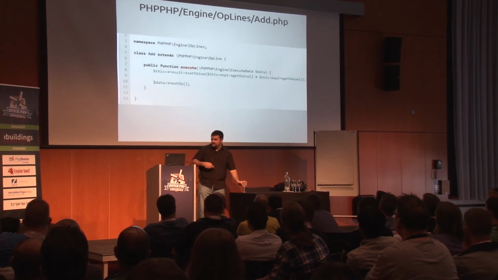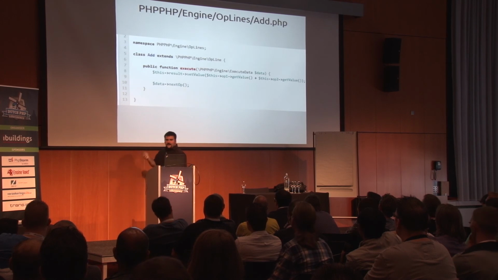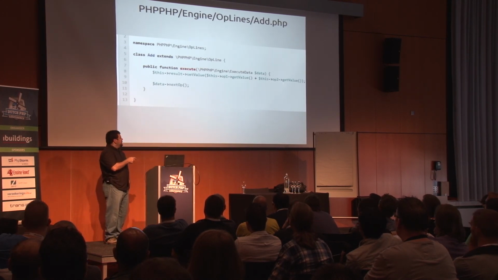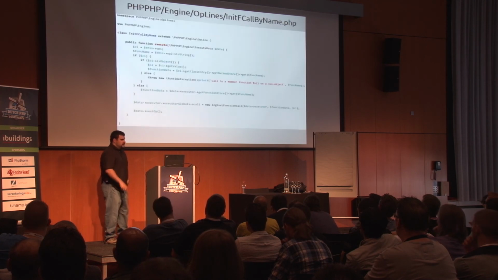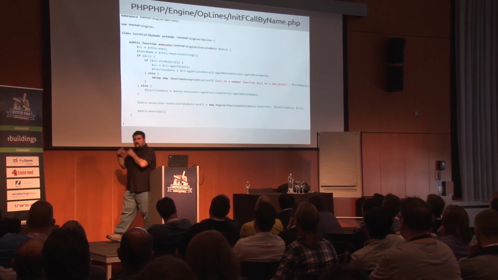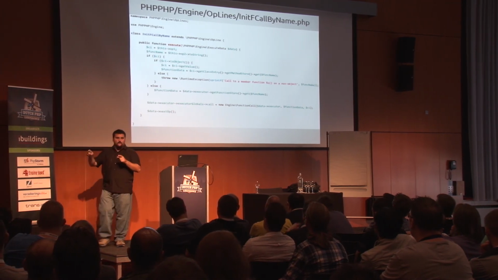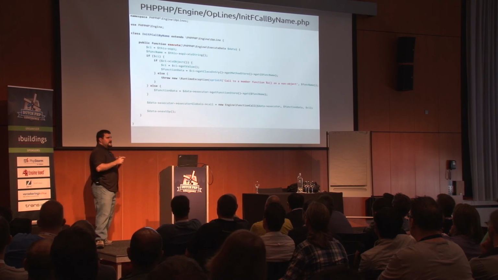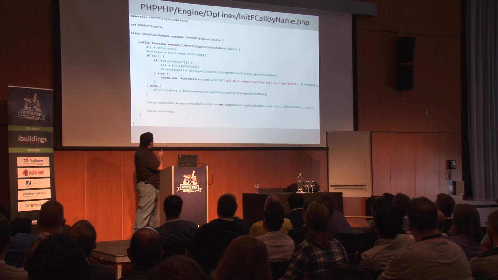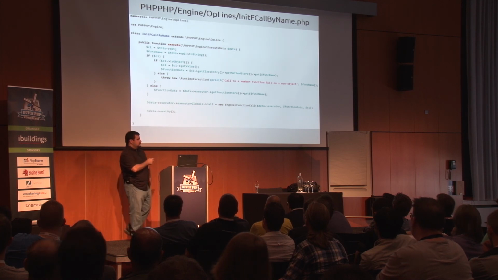So we assign, then we add those two values together, and all we're doing is get the left one, get the right one, and then set it into the result. Initialize function call by name basically says, you want to call var dump. I don't know what function the text var dump points to, so I need to go look that up. It goes off, it looks it up, says, okay, I'm going to push this onto a global variable.